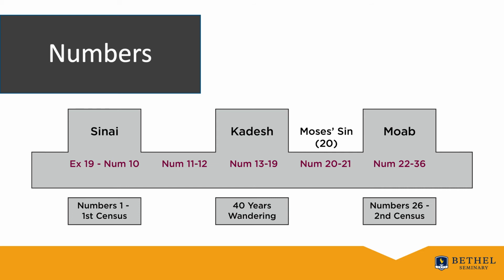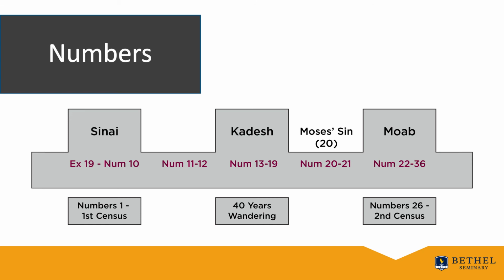Israelites' disobedience is so costly that God did not permit his people to enter the promised land immediately. Numbers relates how God's people tragically wandered in the desert for 40 years.